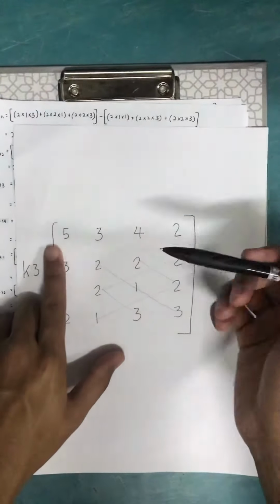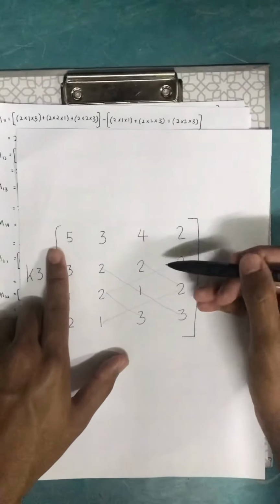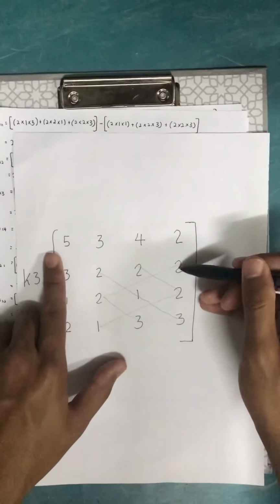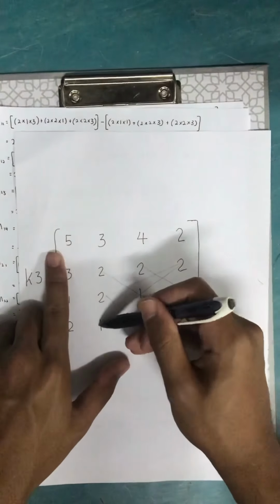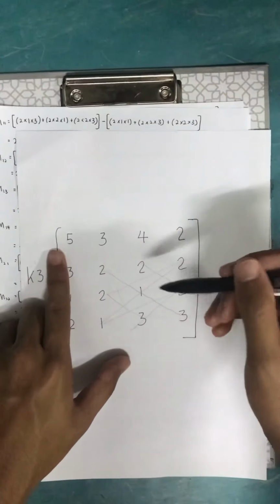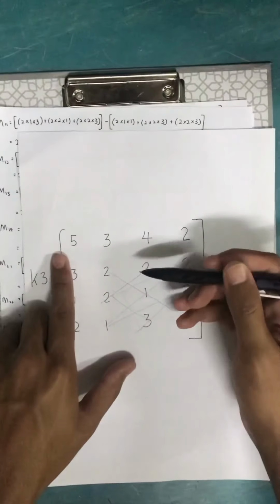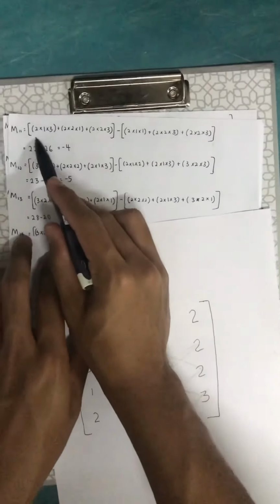Then the total of the multiplication and addition, we have to minus it with the multiplication of this number plus the multiplication of this number and plus the multiplication of this number, and then we got this.